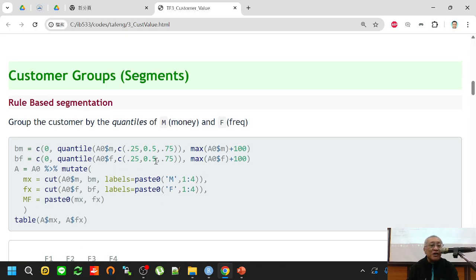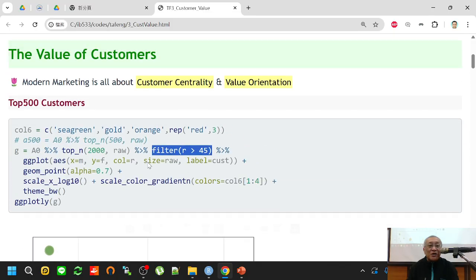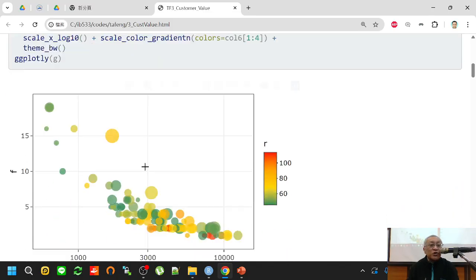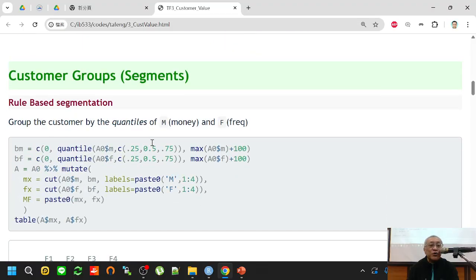In addition to looking at individual customers, as a marketer it's very difficult to design a marketing scheme only for an individual customer, because there are too many customers.